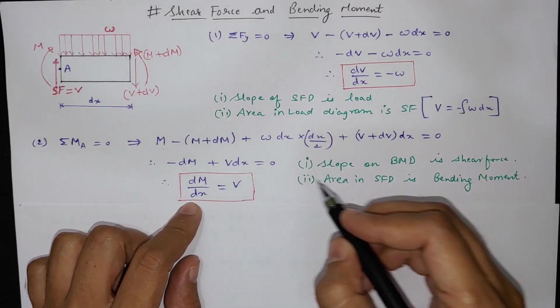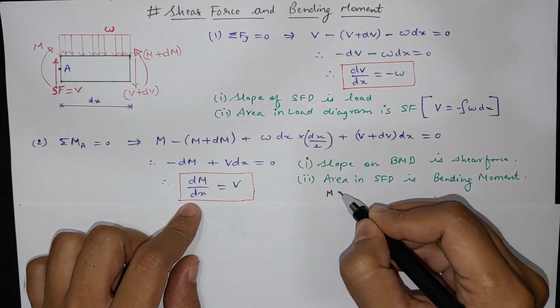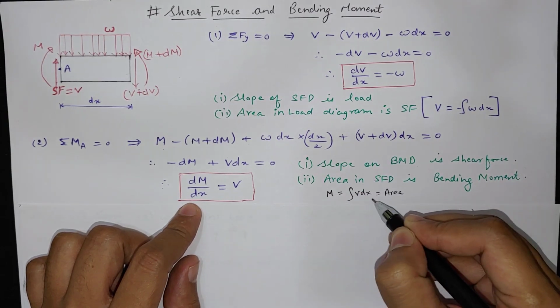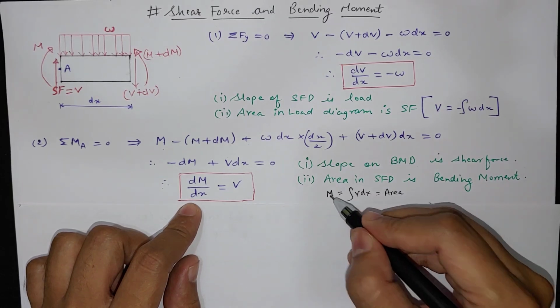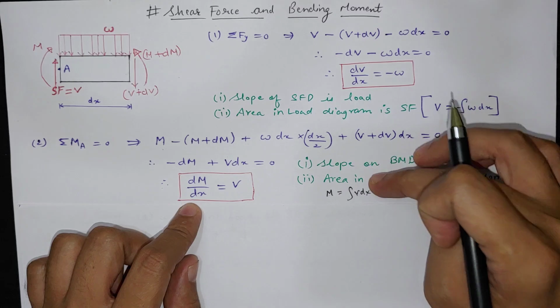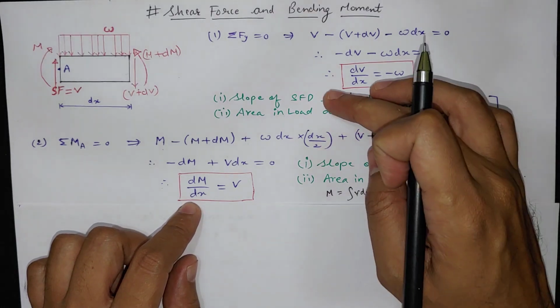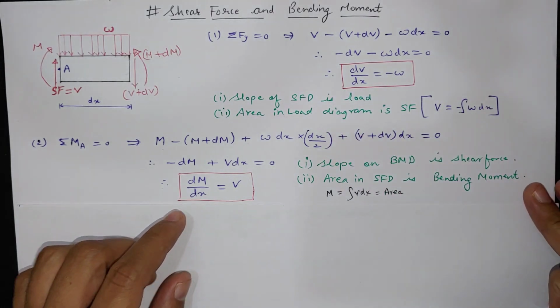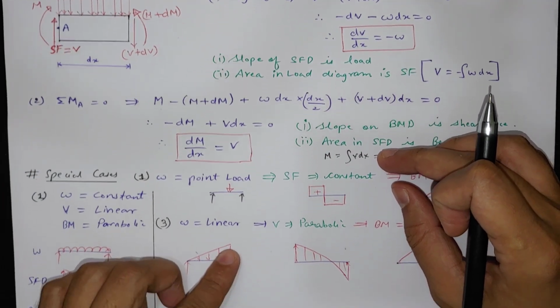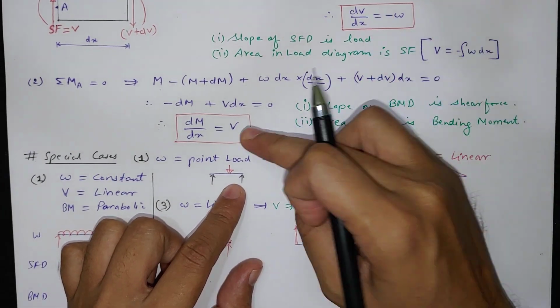So these two results we have to remember, and these 4 points we have to use in our numericals. So these are some cases which I have derived from both these equations.